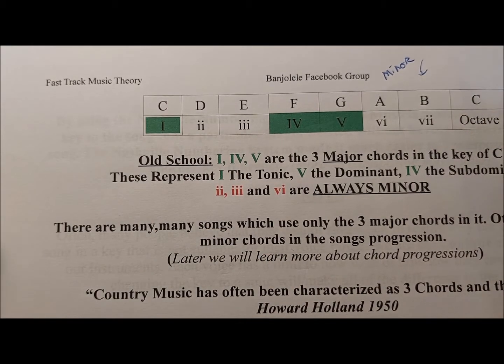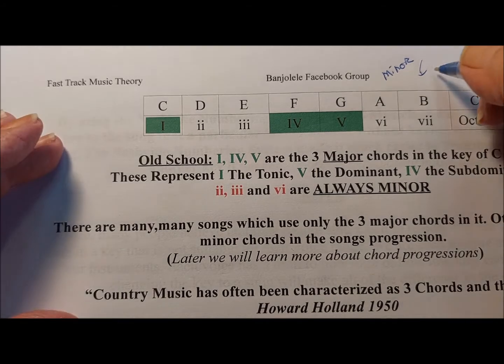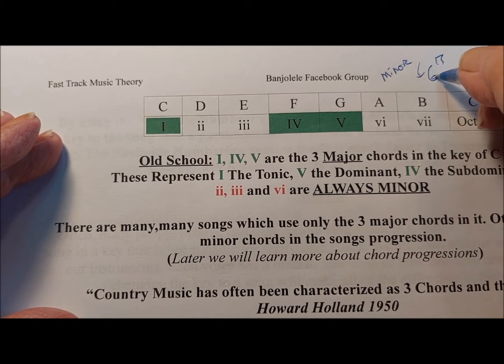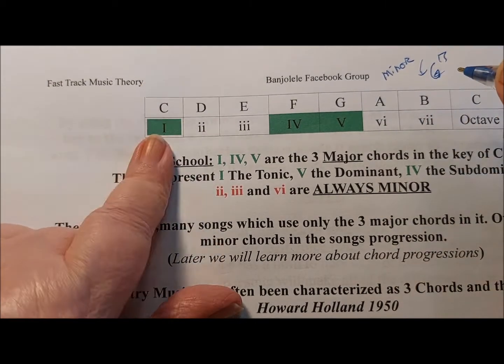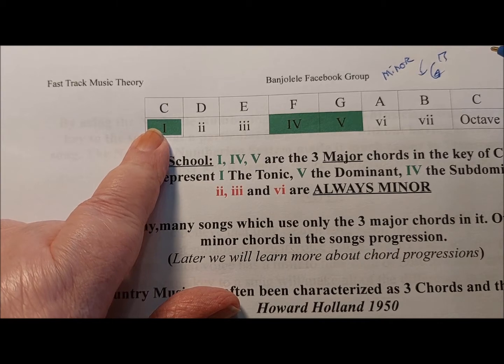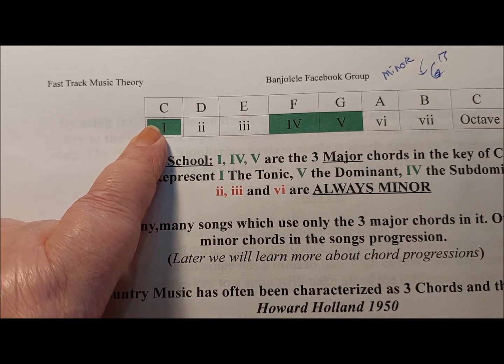So say you're saying C, F, and G. Your G a lot of times will have a G7 on it. It'll go like G7. You see that? And that usually means that it's bringing you back to the first, the root of the chord of the scale.